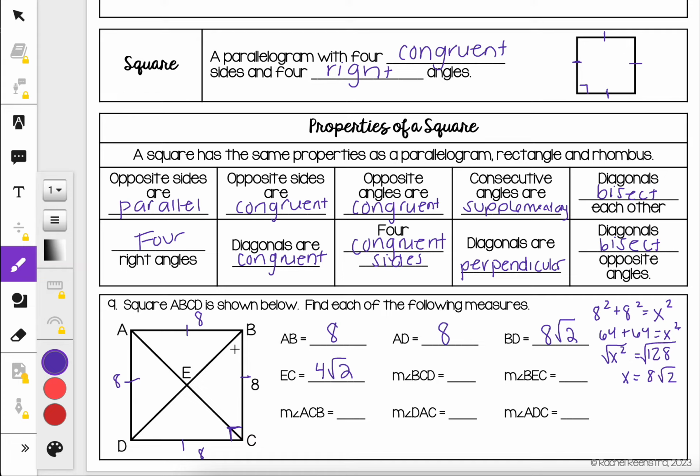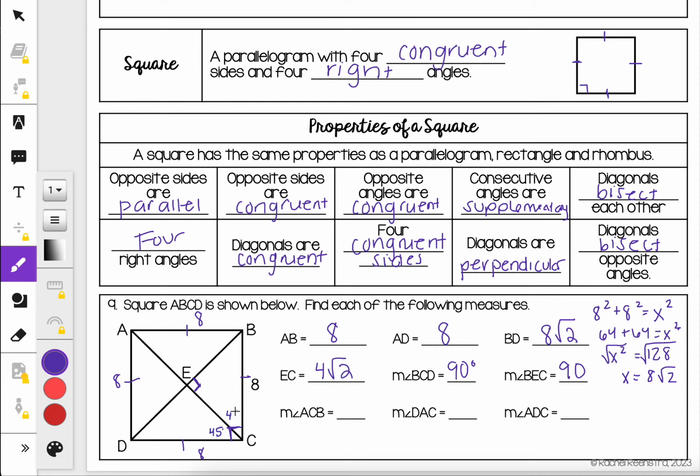Now I want to find the measure of BCD. I already marked that as a 90-degree angle, so I'm good there. The measure of angle BEC, those look like my diagonals, which are perpendicular, so that would also be 90 degrees. The measure of angle ACB is going to be half of 90 degrees because this square is a rhombus, so it's going to bisect opposite angles.